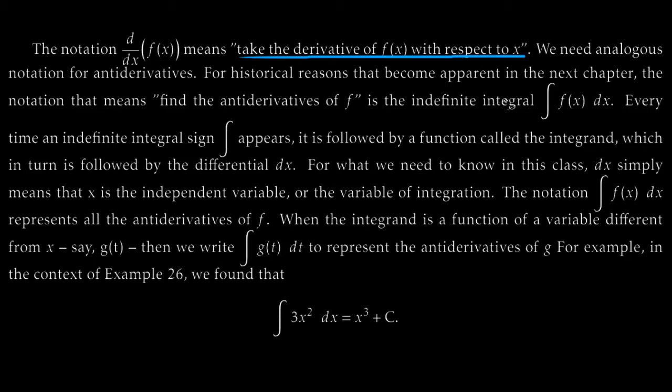So for historical reasons, which we'll talk about a lot in the next section, the notation that means find the antiderivative of f is the so-called indefinite integral, which is just this weird looking S shape followed by f of x, followed by, and this is always important, a little dx guy. Okay, this thing right here, this bad boy, is what we'll use to say find the antiderivative.